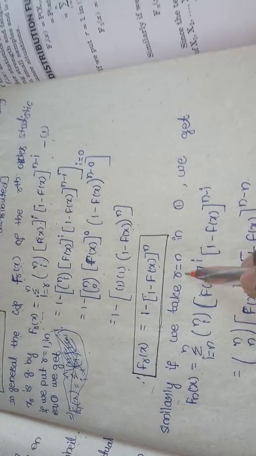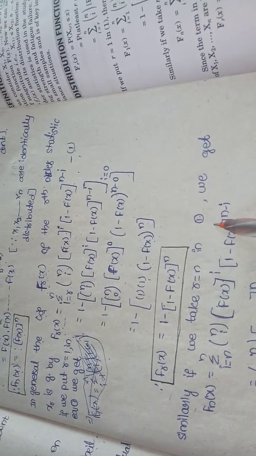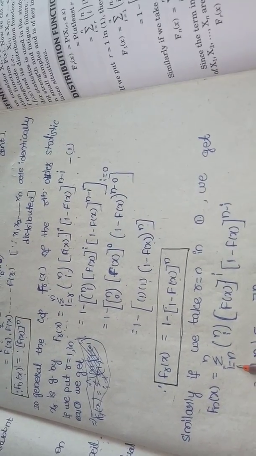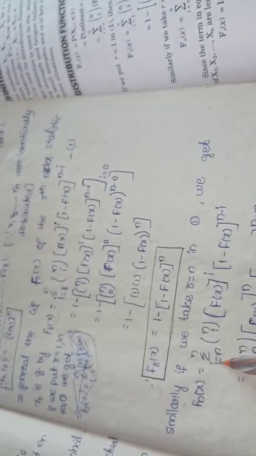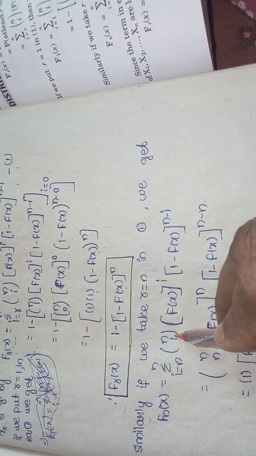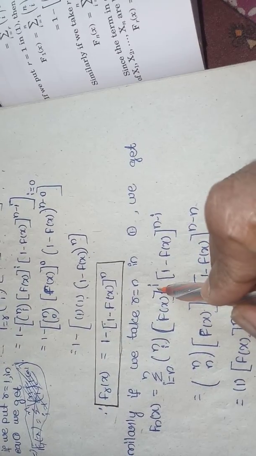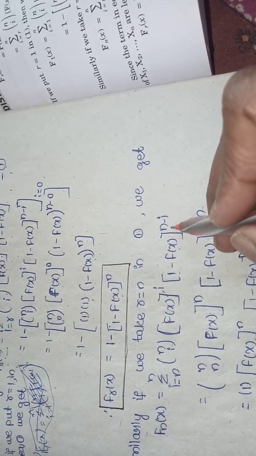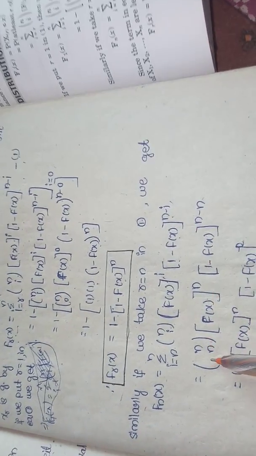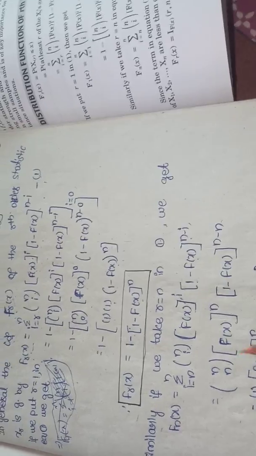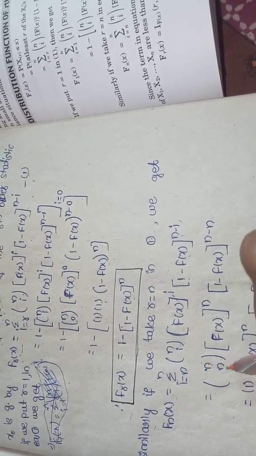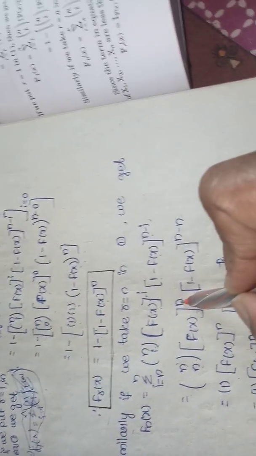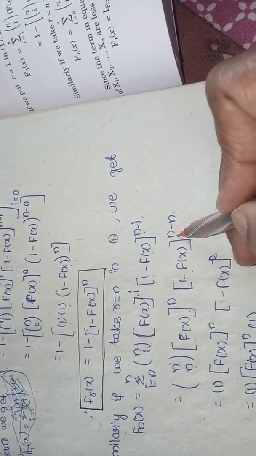Similarly, if you take r equals n in equation 1, we get summation i running from n to n, nCi F(x) whole power i times (1 minus F(x)) whole power n minus i. Overall the only term is i equals n: nCn F(x) whole power n times (1 minus F(x)) whole power n minus n.